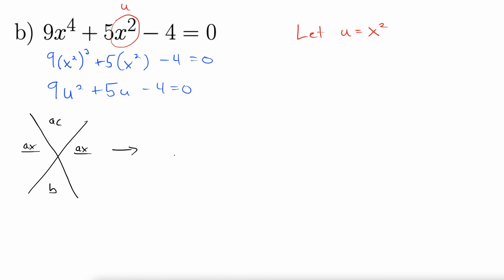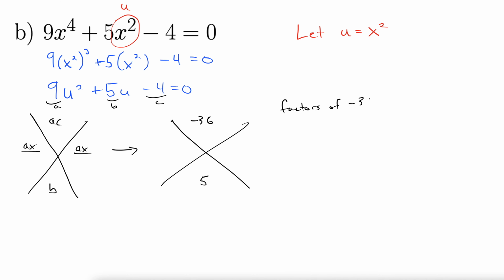Okay, so let's do that. And recall, of course, this is A, B, and C. So AC is negative 36 and B is 5. So we want factors of negative 36 that add to 5.